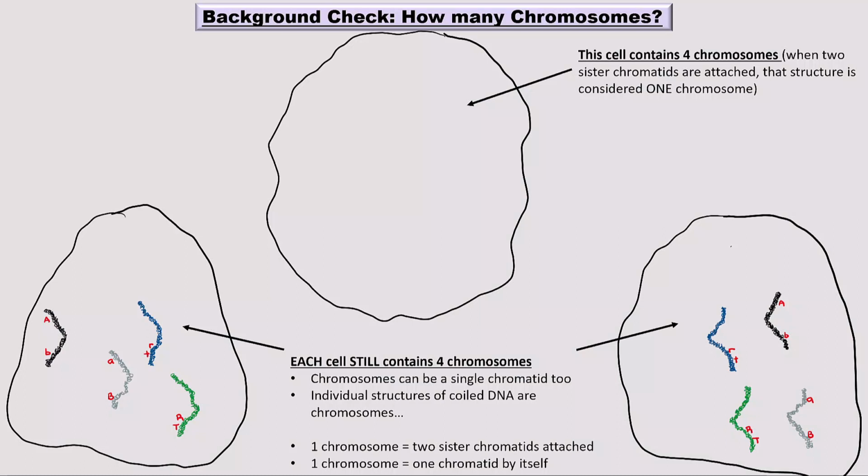It's important to know chromosomes could be single-stranded or a single chromatid. So it really goes back to the definition. Individual structures of DNA, of coiled DNA, are called chromosomes. It could have 2 sides, or it could just be one simple chromatid. So 1 chromosome equals 2 sister chromatids that are attached, or 1 chromosome could be 1 chromatid by itself.